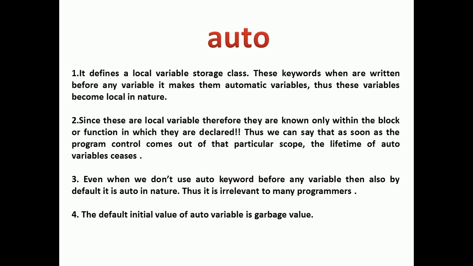If you don't give any storage class in front of the variable name, by default it is auto. And the initial value by default of every automatic variable is a garbage value.